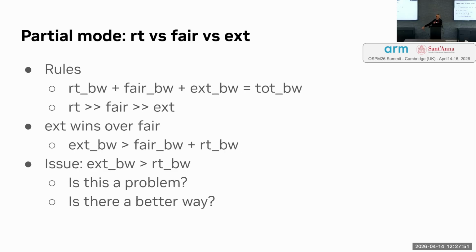If we're being honest, already partial mode with EXT strictly below fair doesn't really work in many places, right? Yeah, but that's what you asked for, right? This satisfies the requirement that somebody is asking. So is there a better way? I don't see a better way with what we have right now.